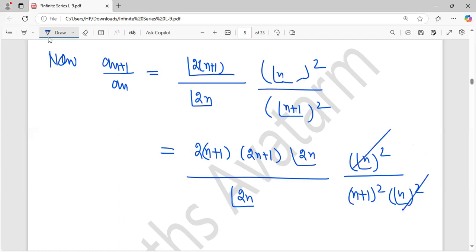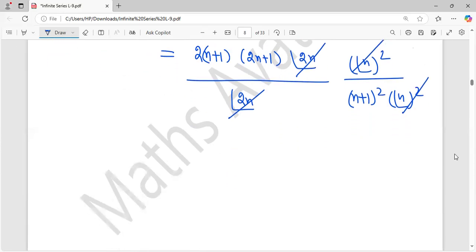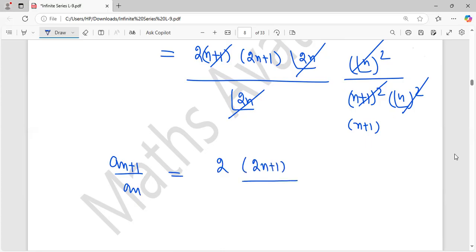This is cancel out. This is cancel out. And one power will cancel out here. So it will be n plus 1. So a_{n+1} upon a_n is equal to 2 times 2n plus 1 upon n plus 1. Okay.